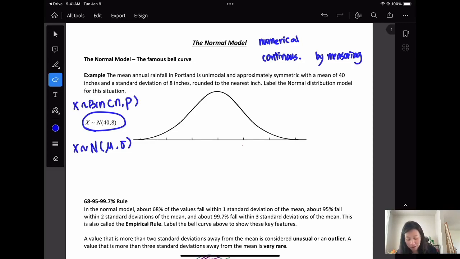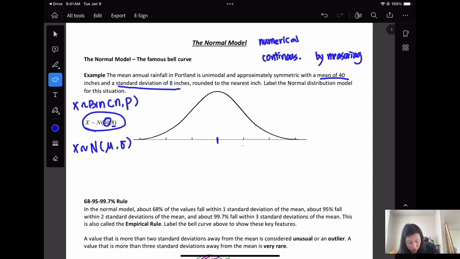All right, so that means here, 40 is the mean and 8 is the standard deviation of the data. Usually we label the mean in the center. The normal distribution describes the tendency of the data to cluster around the central value. In fact, the central value is the population mean.